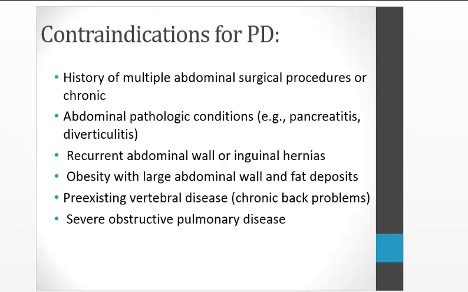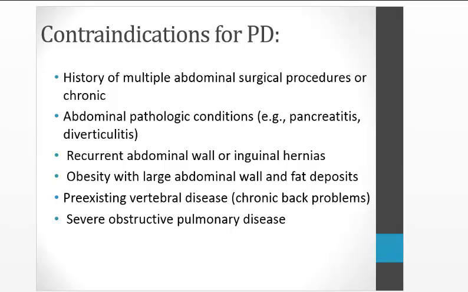These are some contraindications for peritoneal dialysis. If a patient has any of these, obviously they will not be a candidate for peritoneal dialysis. If they have a history of multiple abdominal surgical procedures, it can be a contraindication.